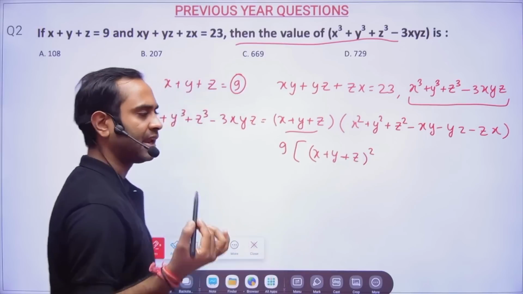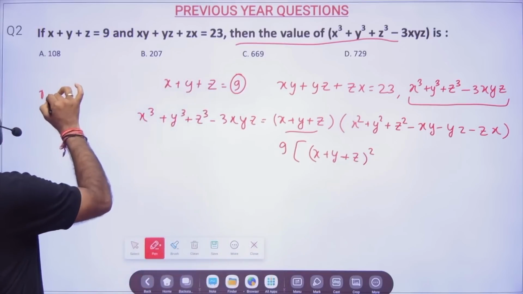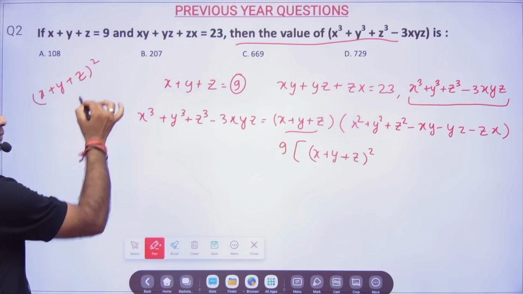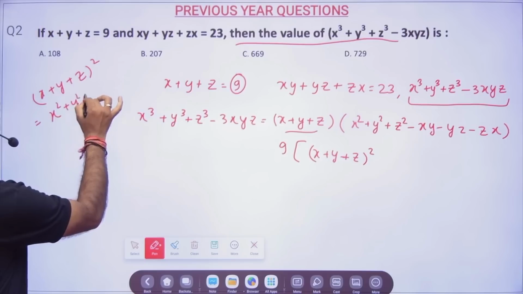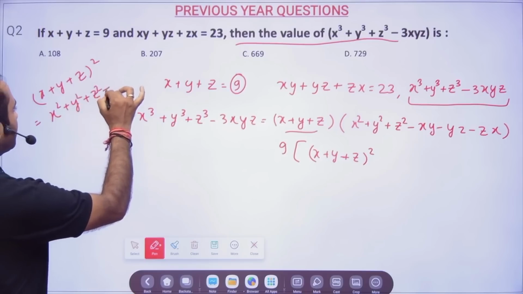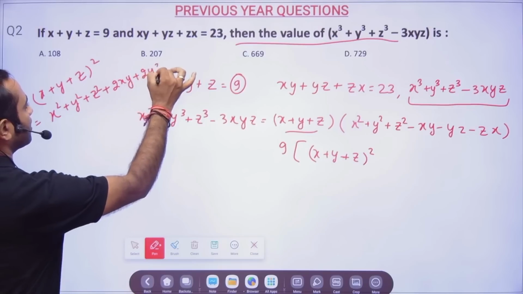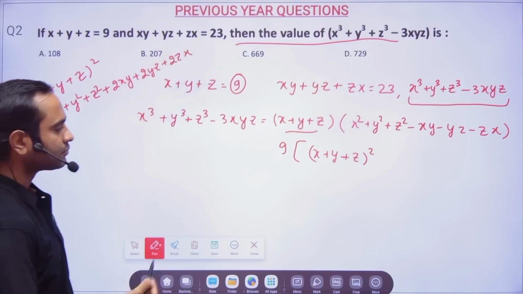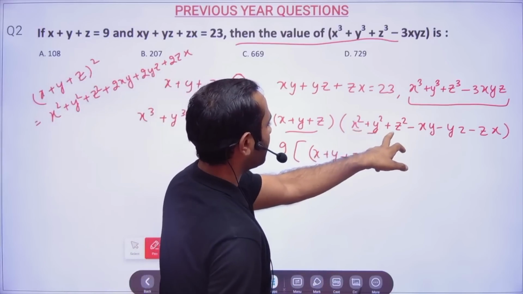First let us see, the x plus y plus z whole square formula will be x square plus y square plus z square plus 2xy plus 2yz plus 2zx. Clear? So we have x square, y square, z square.